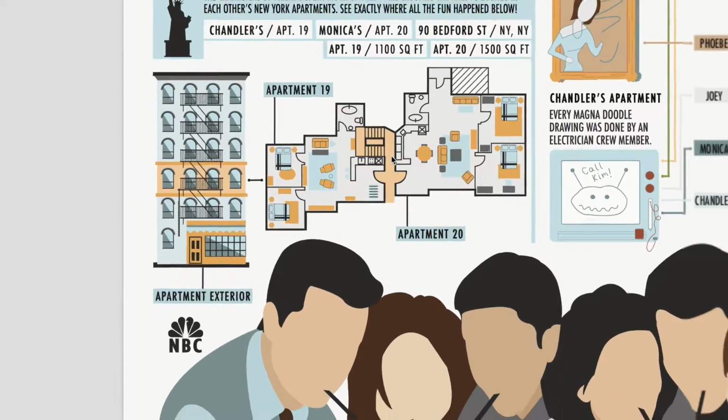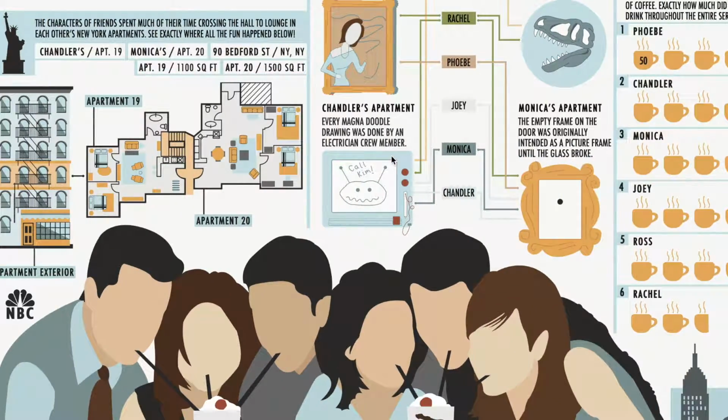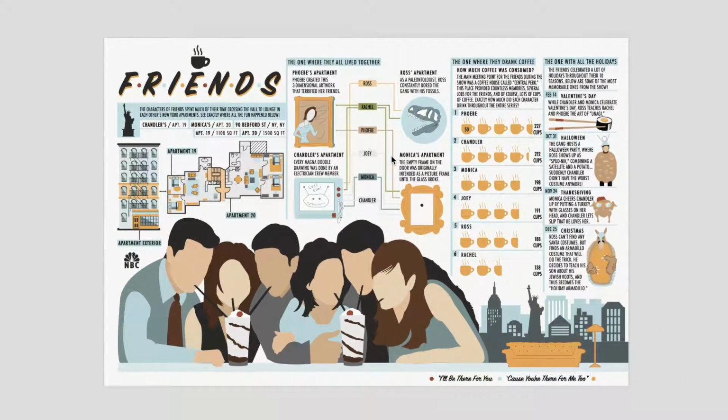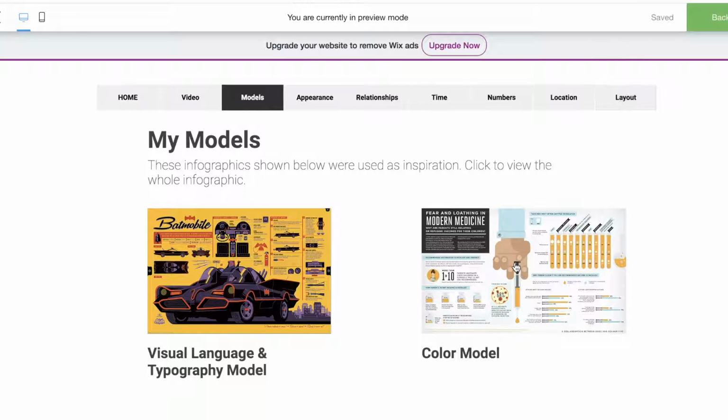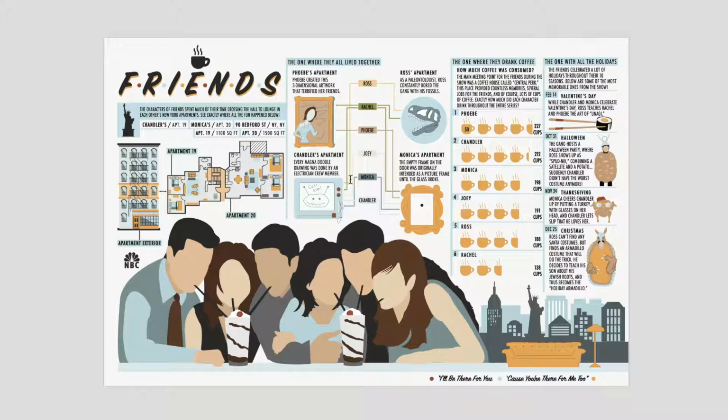This is the color model I used to base most of my decisions off of for my infographic. I assessed this model as being mostly complementary, as the two main colors that stood out to me were that orangey color and that light blue, and since those were across from each other on the color wheel, I assessed that as complementary.